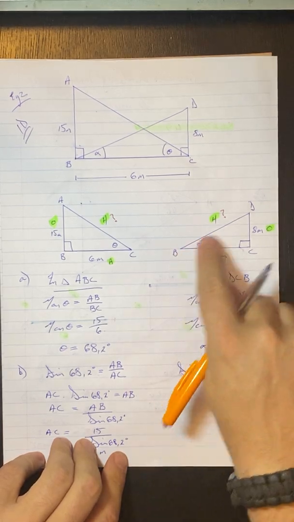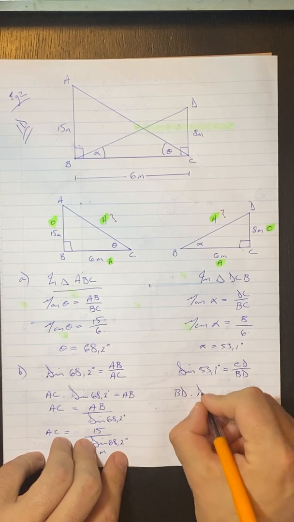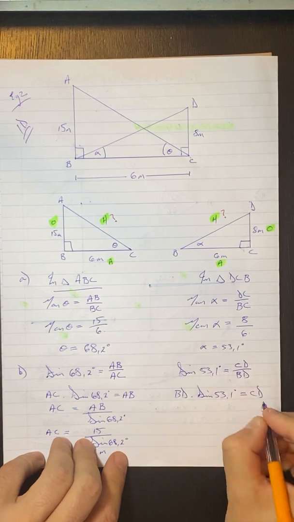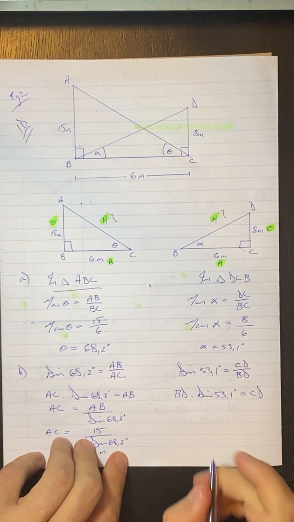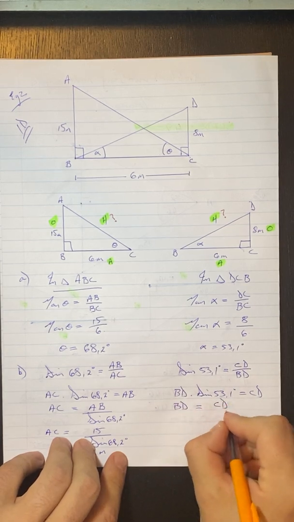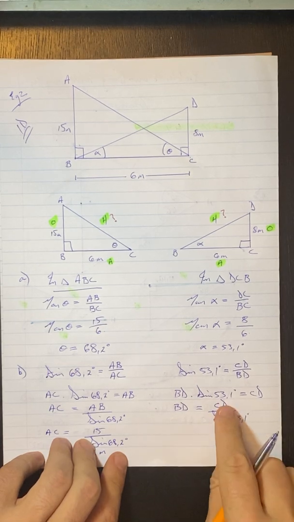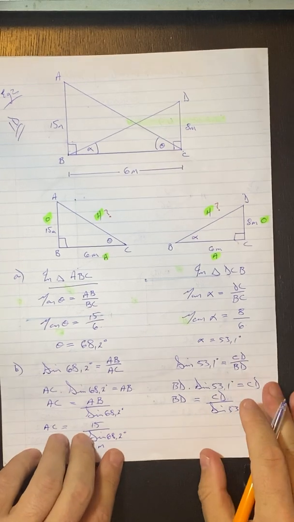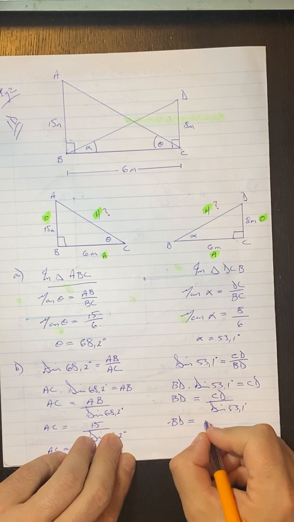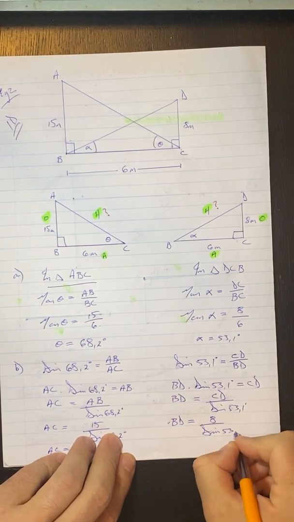Remember, we want to find the BD, so I'm going to multiply up by BD, equals CD, divide through by the sine 53.1, and we get BD is equal to CD over sine 53.1. We know what CD is, it's 8, so we get BD is equal to 8 over sine 53.1.